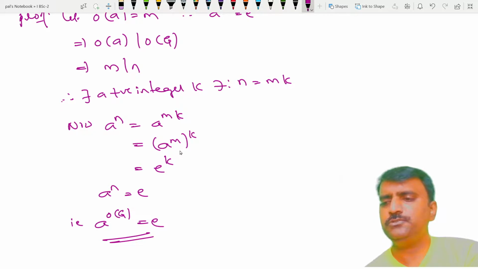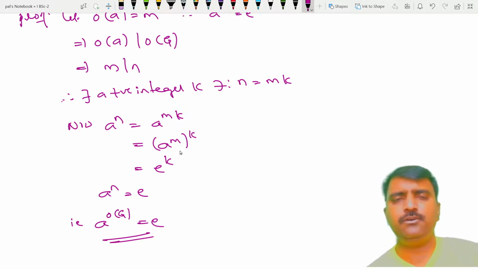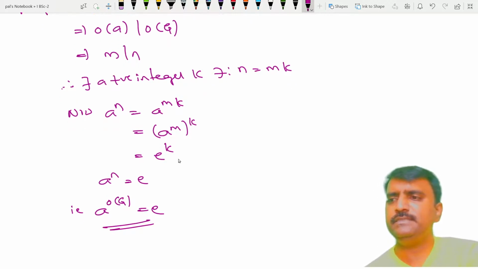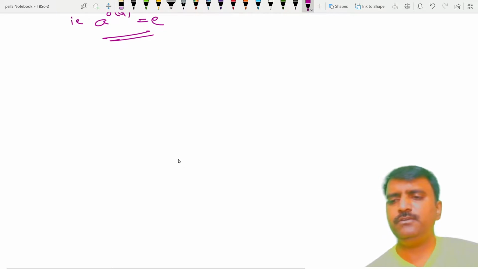Suppose you wanted to construct cosets. Find all distinct cosets of... okay, with this example I will end this session.